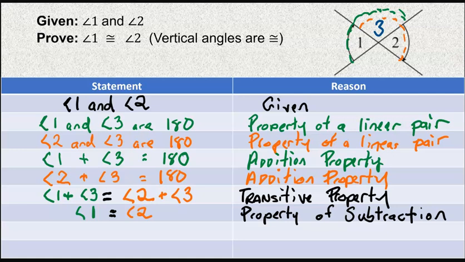This concept of the transitive property. It honestly depends on where you look for proofs. Some proofs will name this the substitution property, and I've done that plenty. There is a minor difference between substitution and transitive, and substitution occurs when you only replace one term.